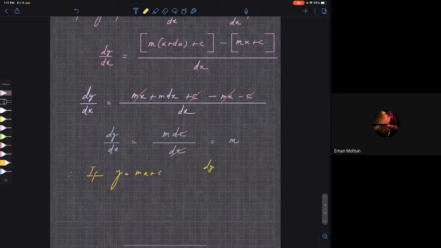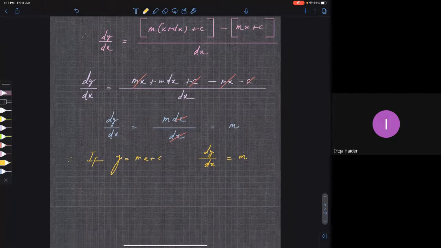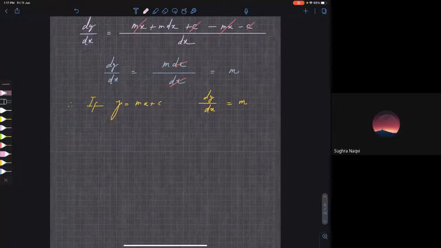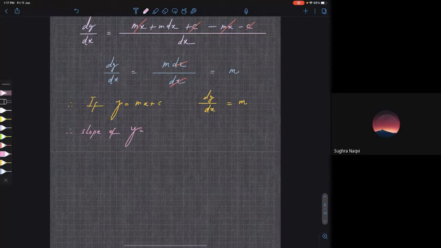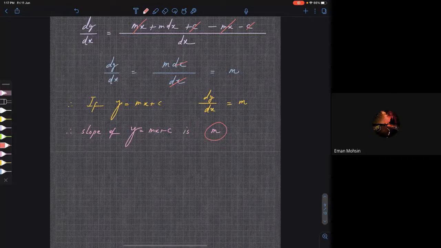What I am trying to say? Now the thing is, this m is a constant. It is not a function of x. That's why it is a linear equation. Therefore, the slope of y equals mx plus c is m, which is a constant.